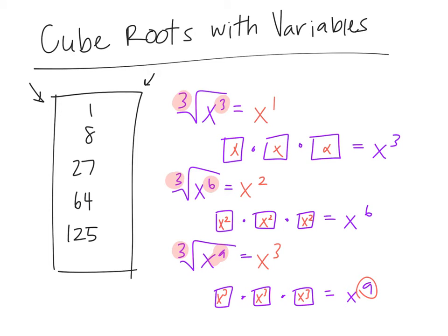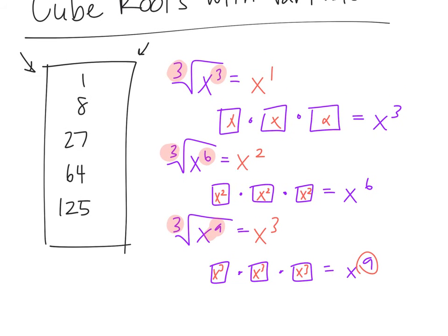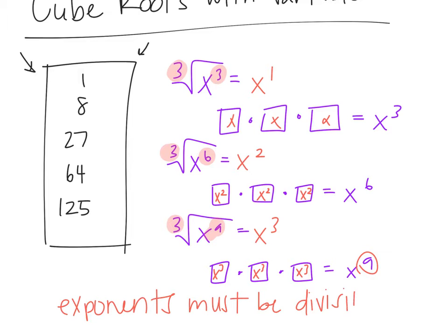When we are taking the cube root of variables, in order to take out perfect cube roots, my exponents must be divisible by 3. Real important.